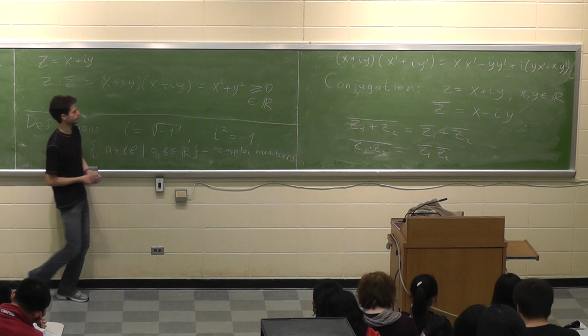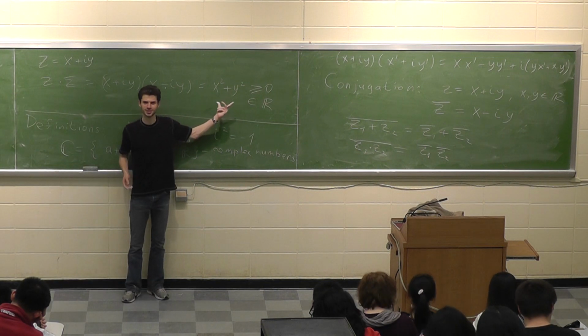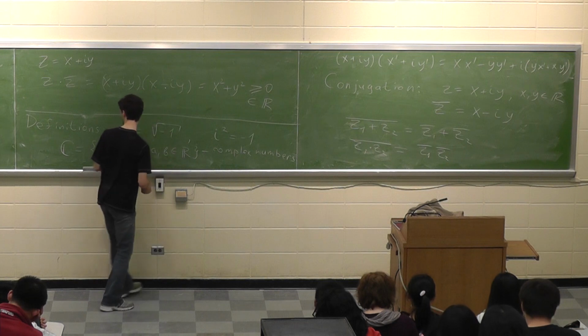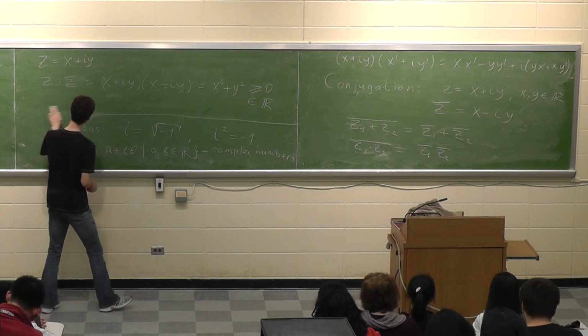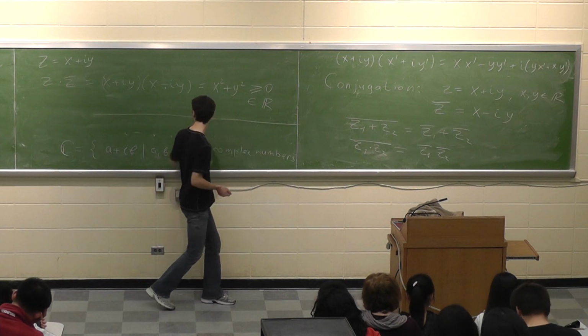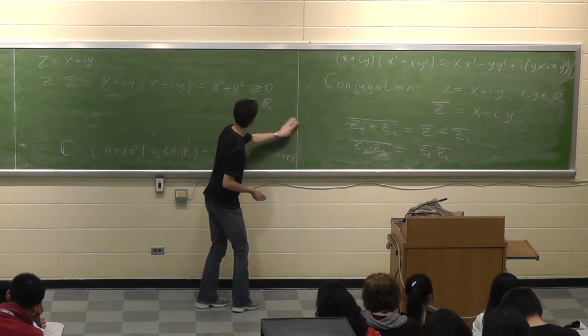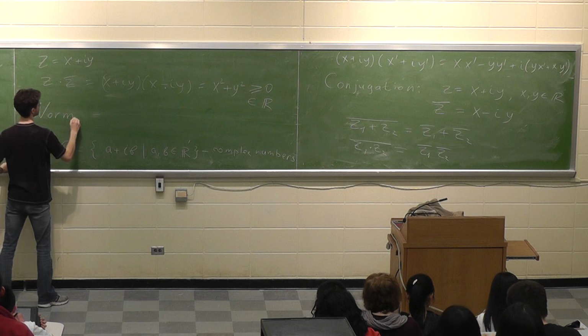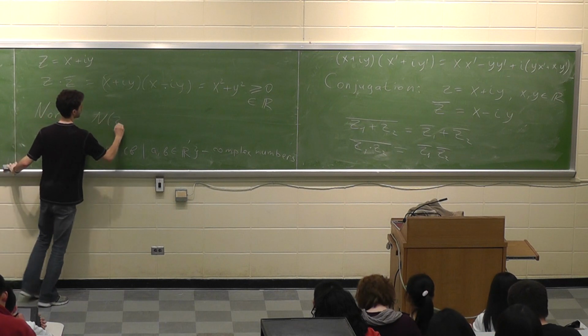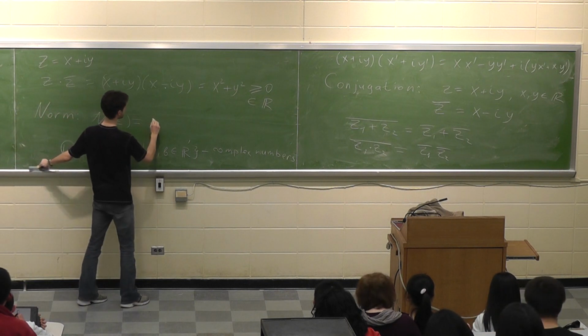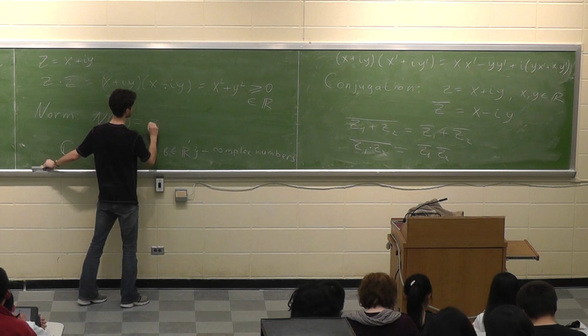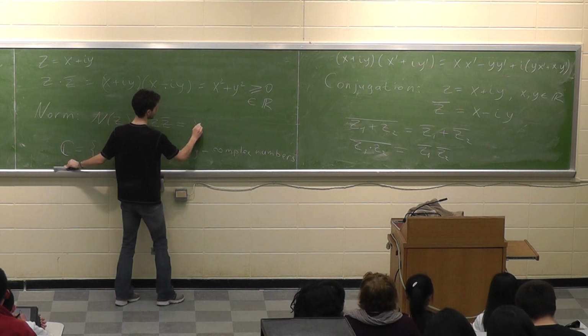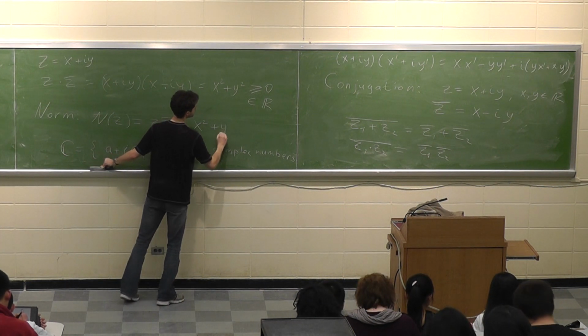It's positive and real. And well, for us it will be important because it is a sum of two squares, so we'll give it a name. We'll call it norm. The norm of z is z times its conjugate, or in other words, x squared plus y squared.